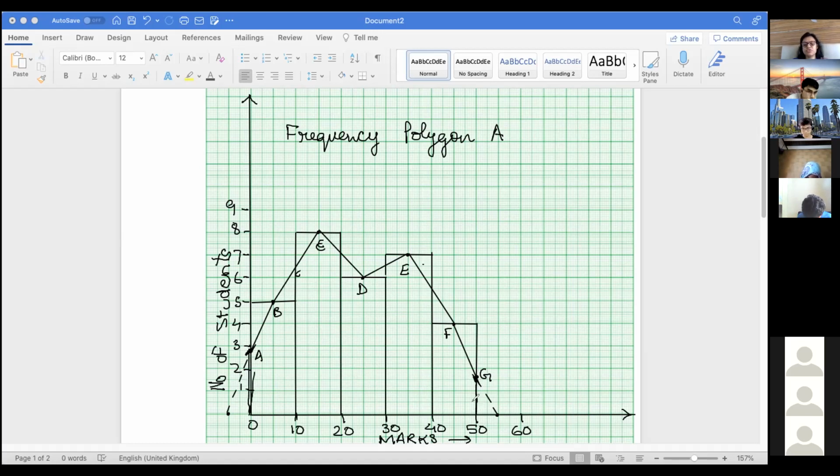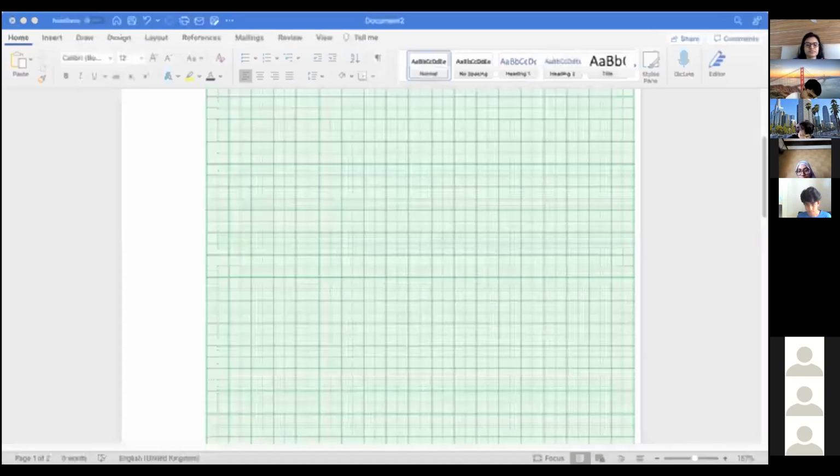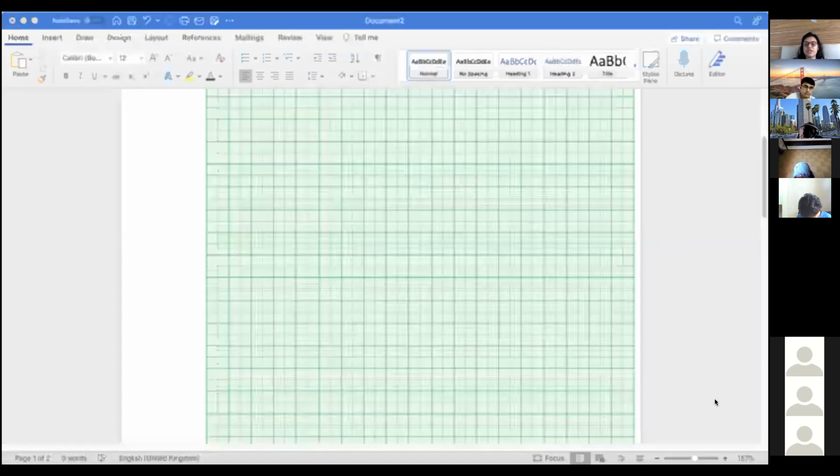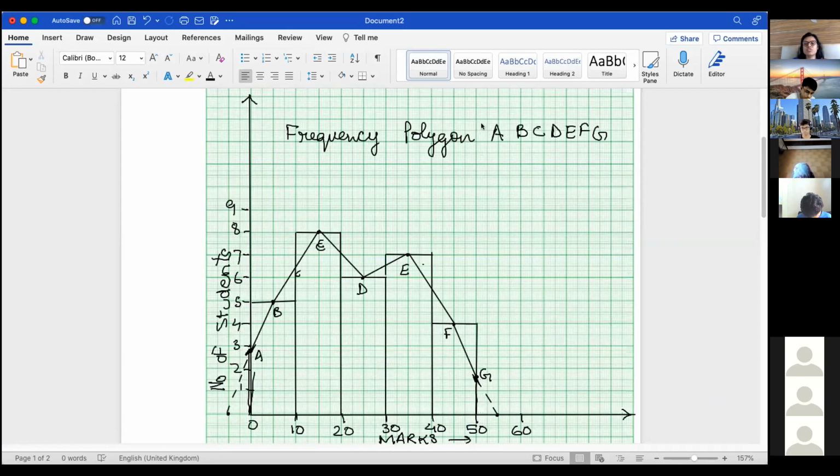Yahan se yahin pe drop ho jata hai. So the frequency polygon is A, B, C, D, E, F, G, ends at G. Or don't write AB, O se start karenge na, because it starts from O, so write O. It is actually beginning from here and it is also beginning from here. Okay. Ending at this point. To GH likh dete hain yahan pe, GH.